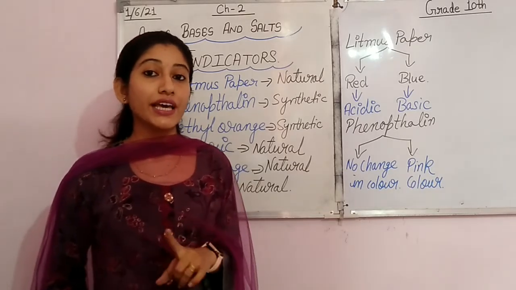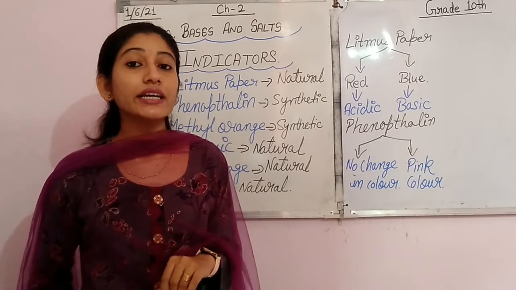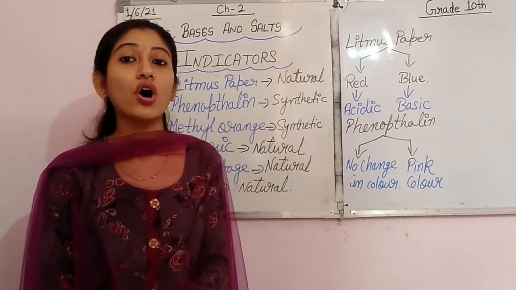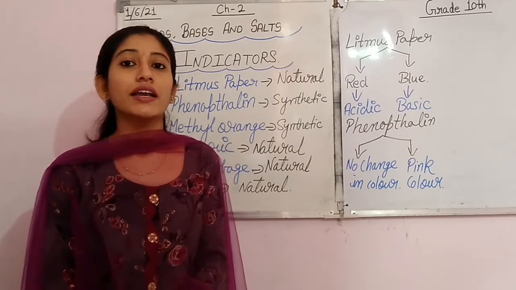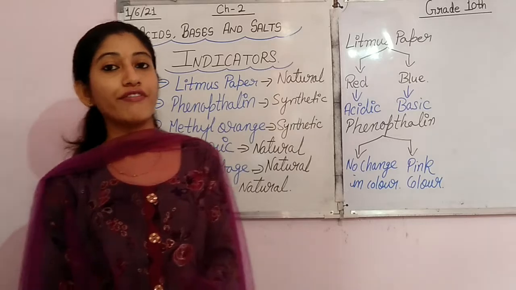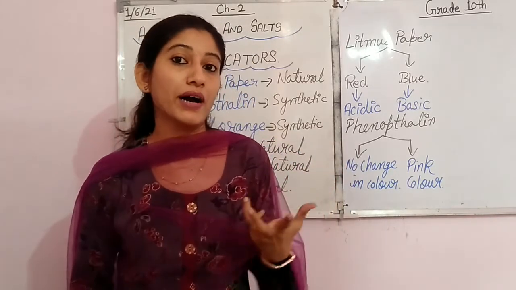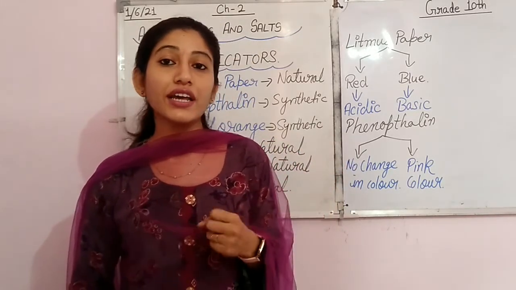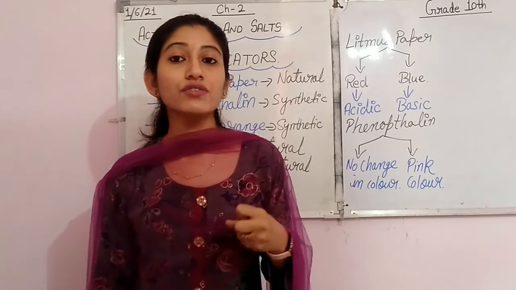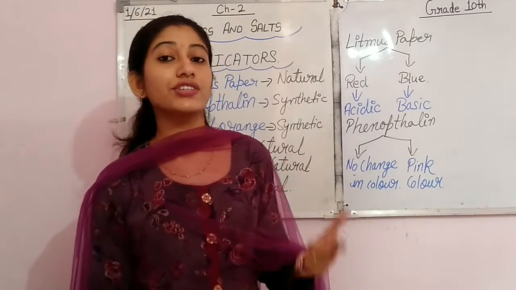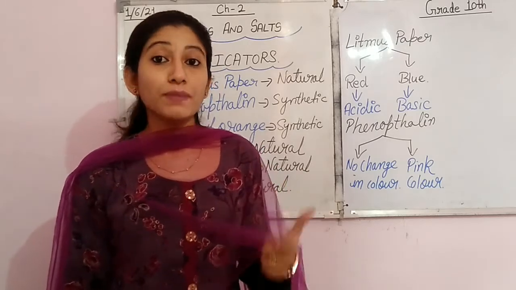Now when we talk about indicators, we have another type of indicators called olfactory indicators. Now what is the meaning of olfactory? The olfactory word is related to our smelling power. So olfactory indicators are the indicators which indicate the acidic or basic nature with the smell.